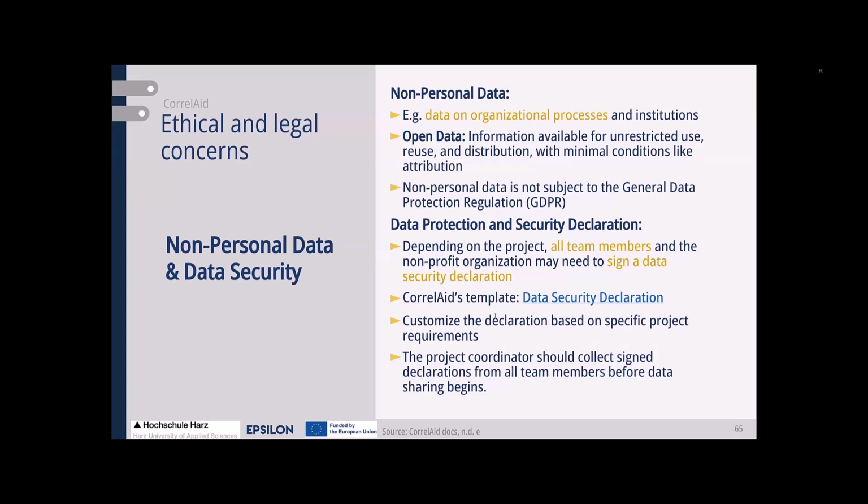As we said at the beginning, every project is individual, and so is the data and the scope of the project. This is a task a project coordinator should communicate with the nonprofit organization, making sure before the discussion about the project starts that the data security declaration is under control.